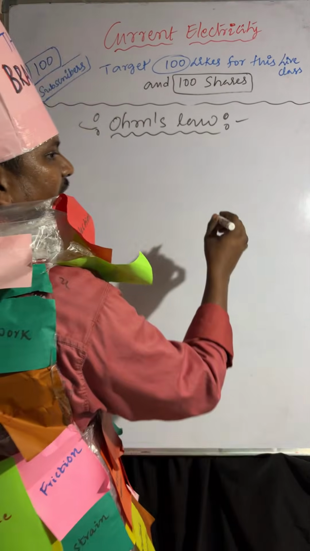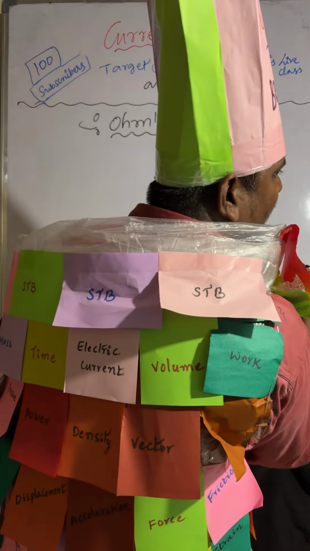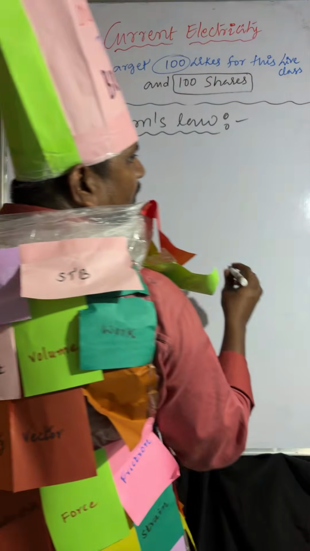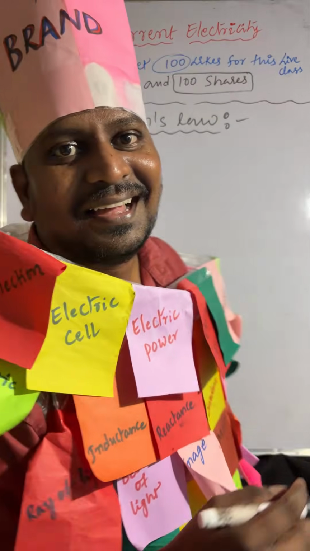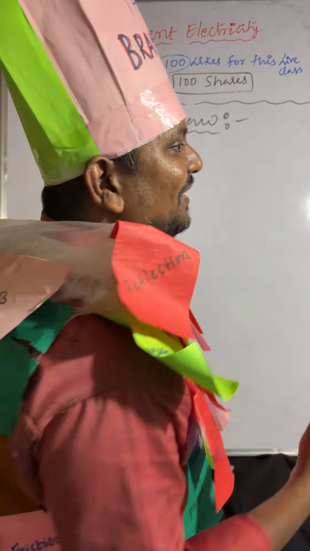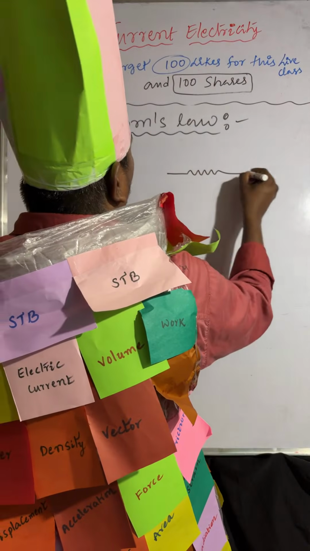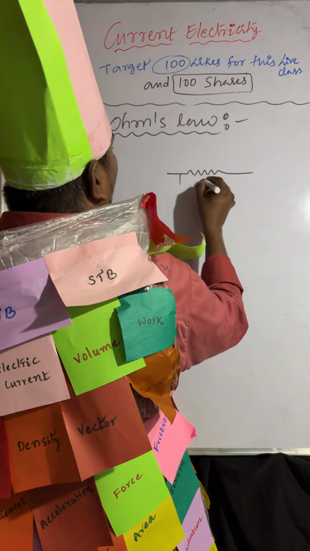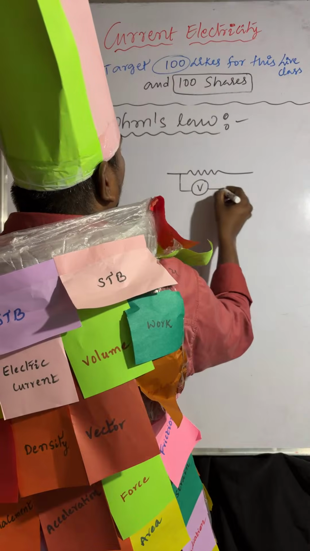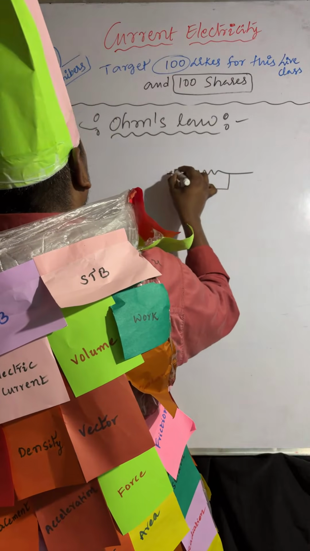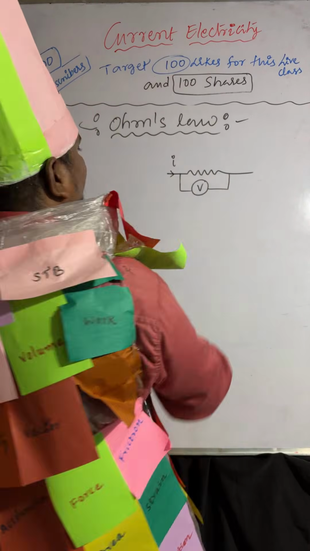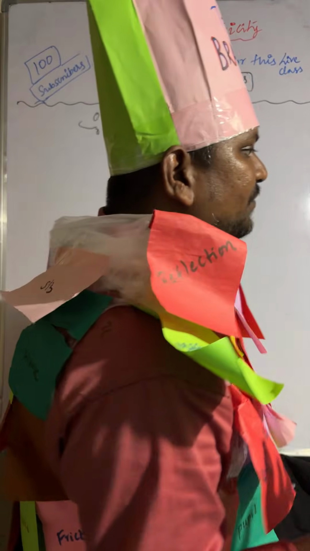Normally you take a conductor, and I am connecting the voltmeter across it. Now current is flowing, and we look at the potential difference.